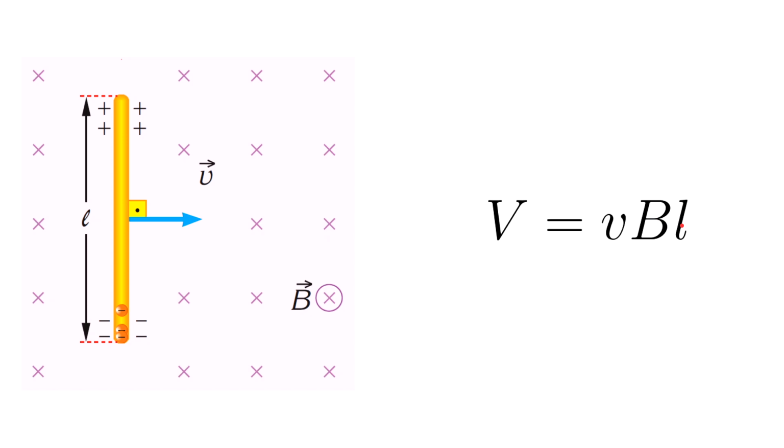And from the equation, we can deduce that the potential difference exists as long as the conductor moves, because if the conductor is not moving, it means the velocity is zero, and from the equation the potential difference is also zero. Greater speeds and stronger magnetic fields lead to greater potential difference for a given length of a conductor.